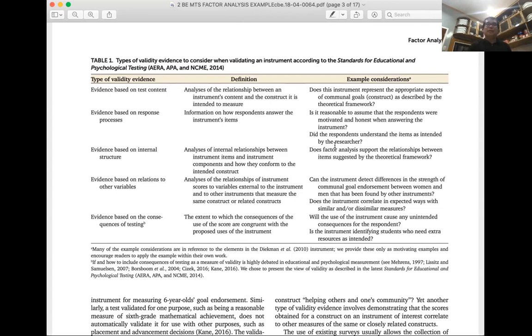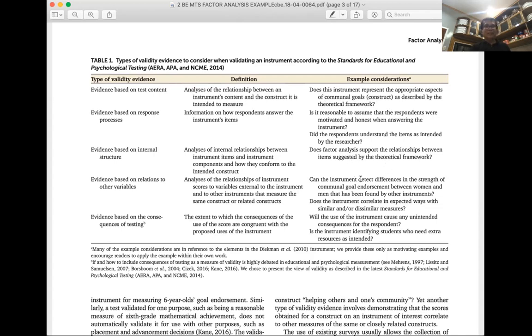So, example considerations. Does this instrument represent the appropriate aspects of the communal goals construct as described by the theoretical framework? Second, is it reasonable to assume that the respondents were motivated and honest when answering the instrument? Did the respondents understand the items as intended by the researcher? Does factor analysis support the relationships between items suggested by the theoretical framework?